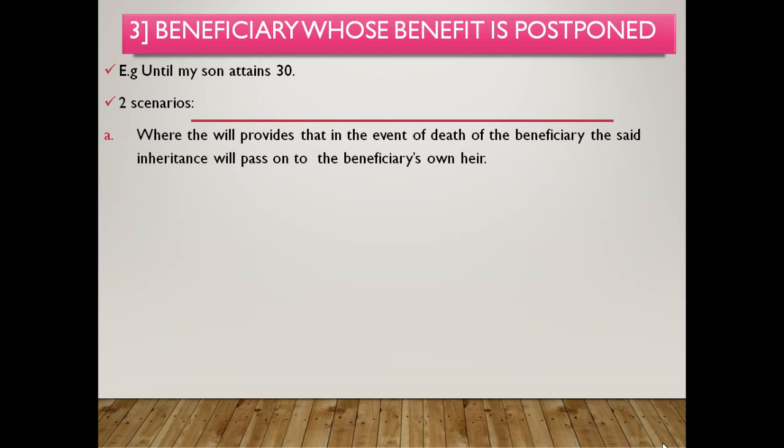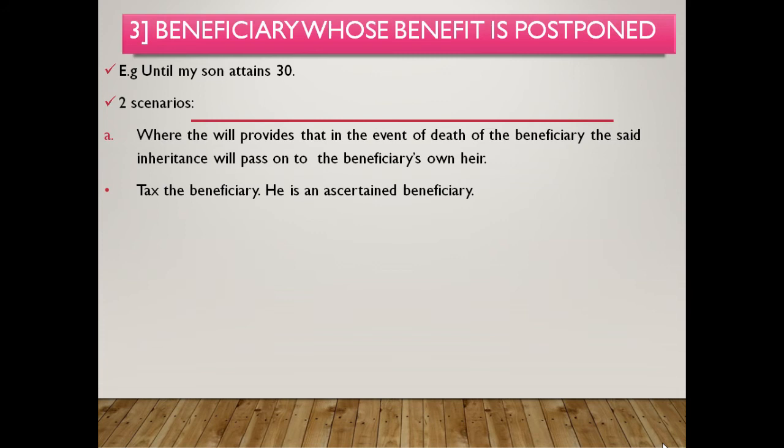The will might say, if my son dies before attaining 30, then whatever asset is going to be given is transferred to my son's heir. That is the first scenario.